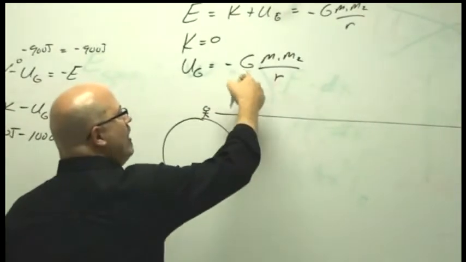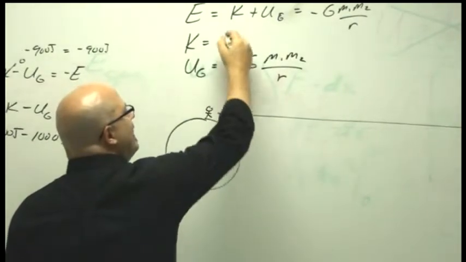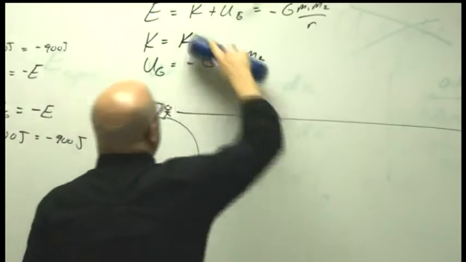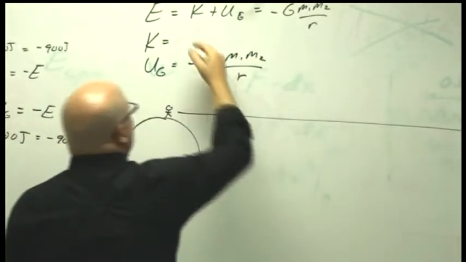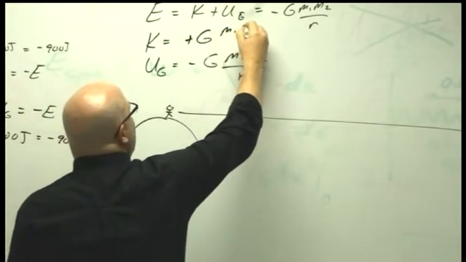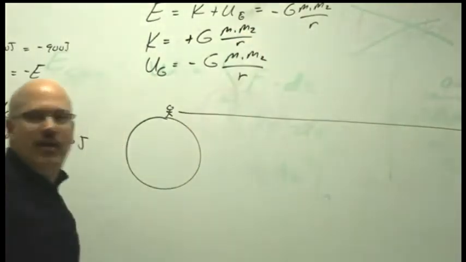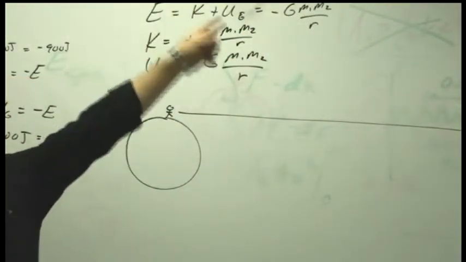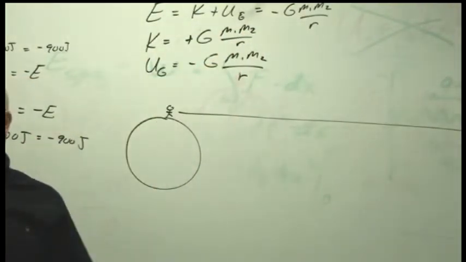If you want to leave, you have to add on to this a kinetic energy that's equal to that. This kinetic energy has got to be equal to positive G M1 M2 over R for you to get away, well, not to return. So very far away, your kinetic would be zero.